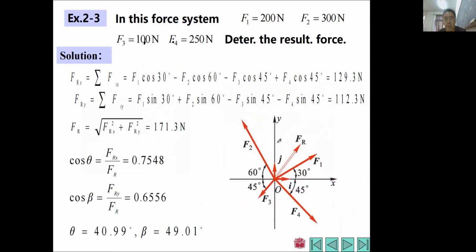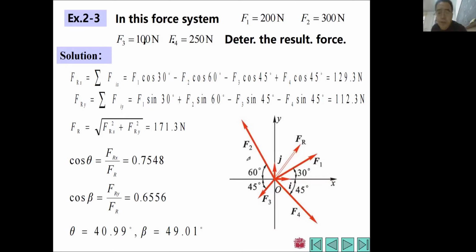Our task is to use the theoretical or analytical method to determine the resultant force of this concurrent force system, right? So we should use the projection method. Please do this with me together. I will try to explain this very slowly. I hope you can totally grasp this method.